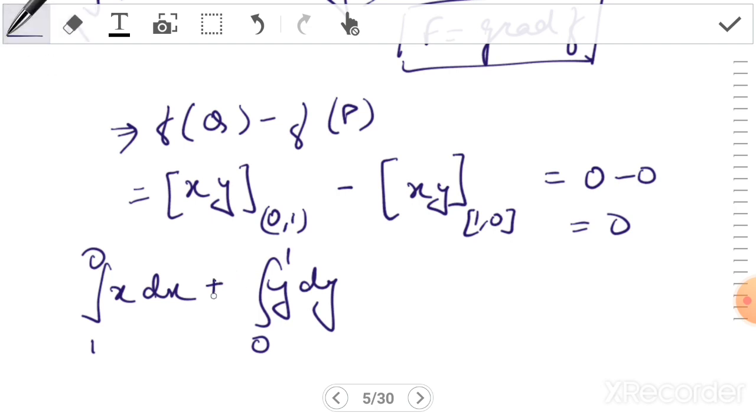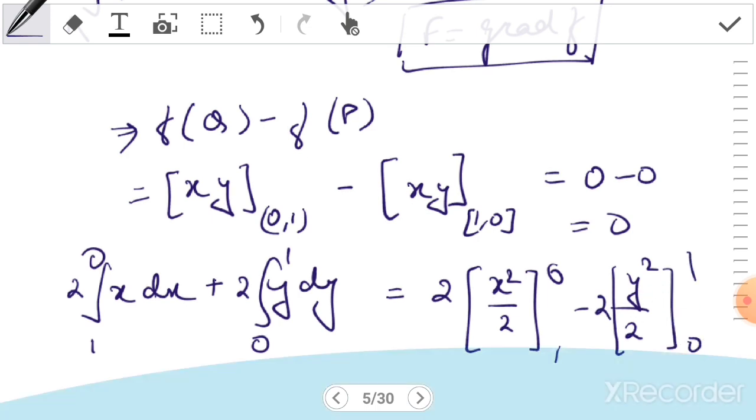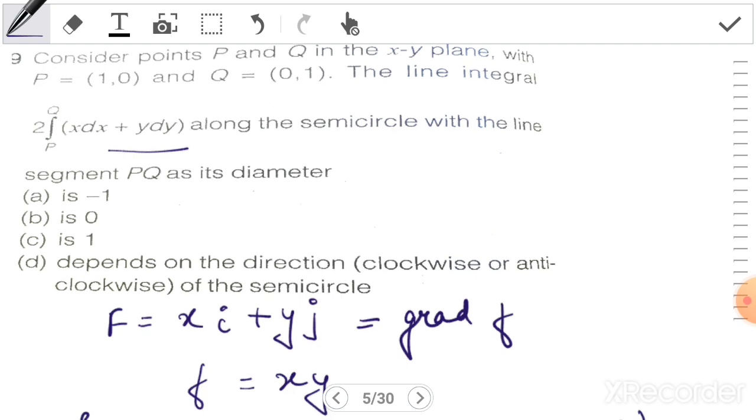So there is 2 times x square by 2 from 1 to 0, minus y square by 2 from 0 to 1, which is 0. So verified. Let's go to the next problem.